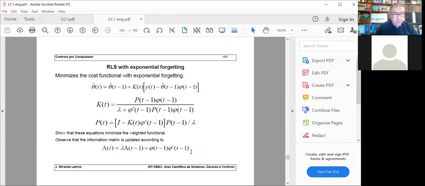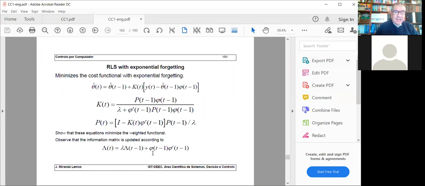But if you don't, then the wise thing would be not to lose information equally in all the possible directions, but just to lose information in the direction where you are receiving. So you modify this formula and you reduce this matrix in the direction that is proportional to phi, the incoming regressor.